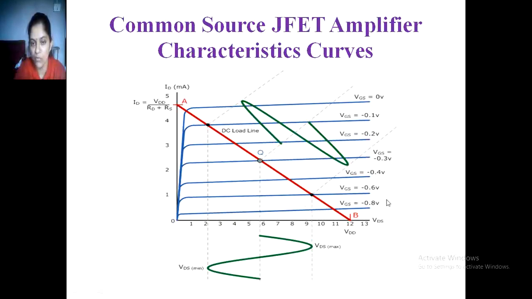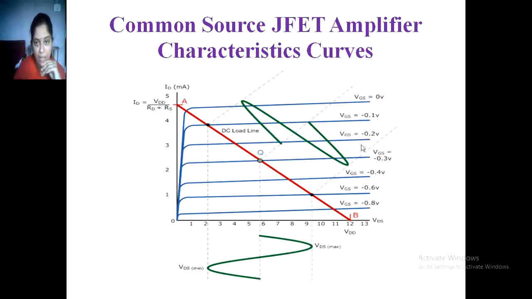According to that we have plotted, from this point in the ohmic region to the cutoff region, one line, and the middle one is the Q point on the load line. This is the AC load line, and this is the DC load line, operating on the DC.